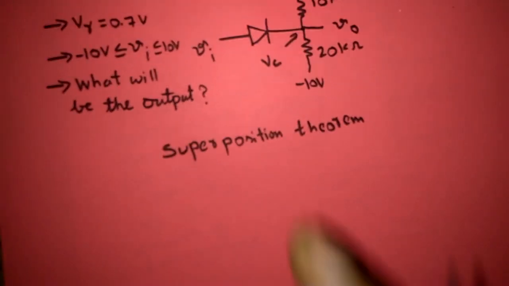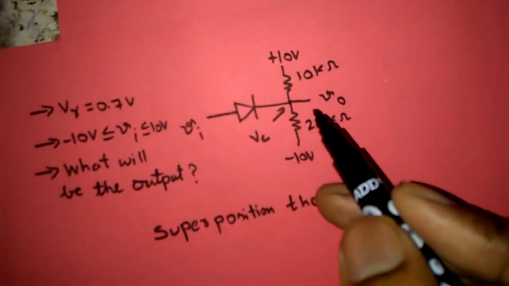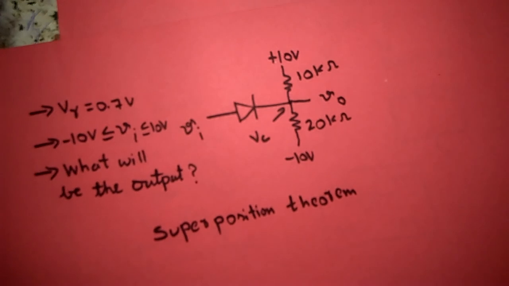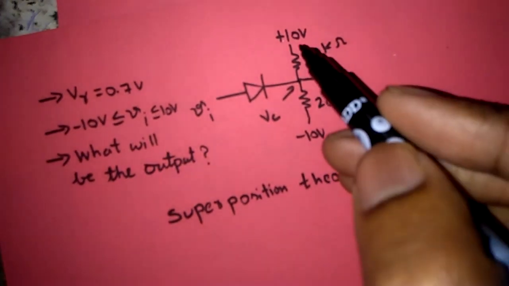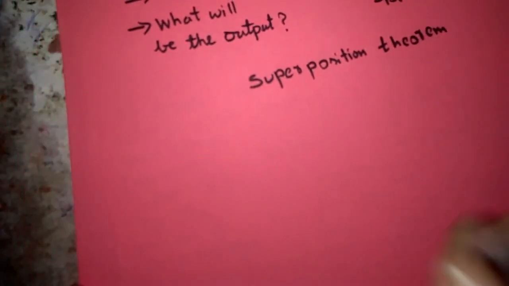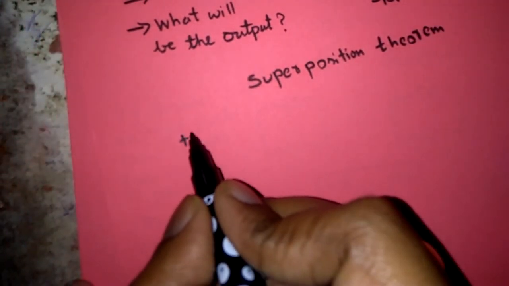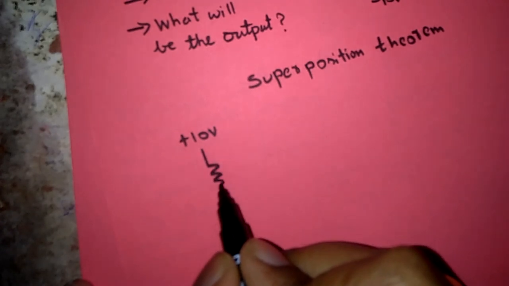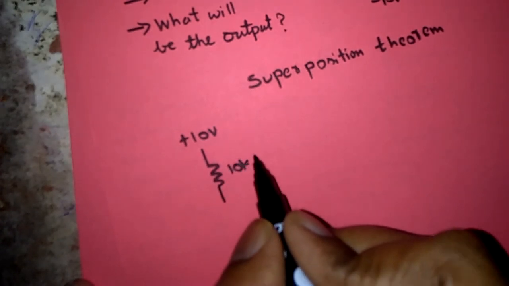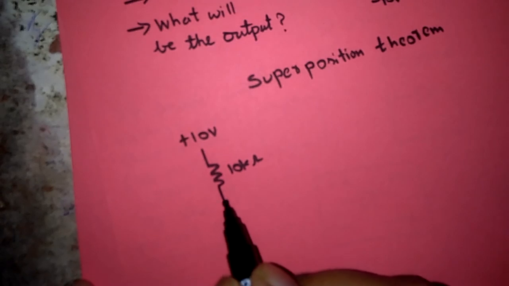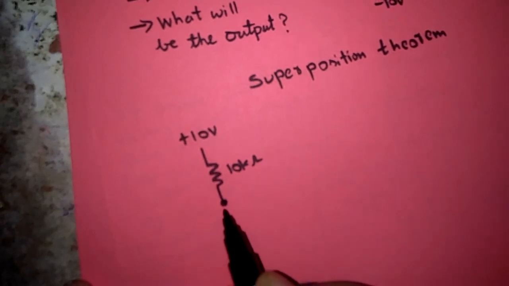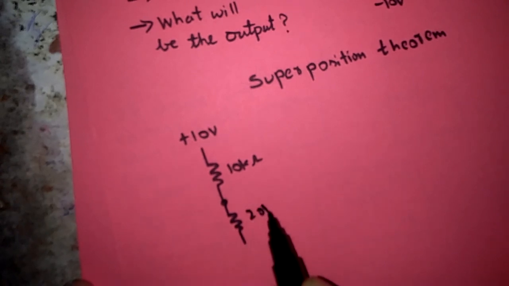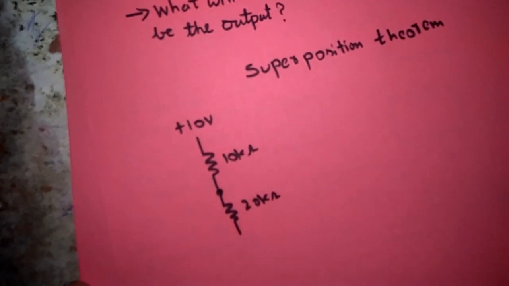Because it is a resistive network and we used more than one source, so we have to consider one by one. Suppose if I consider 10 volts, the resistive network will be like this: plus 10 volts, after that one resistor and its value is 10 kilo ohm, next the point at which I want to measure the voltage, and after that another resistor and its value is 20 kilo ohm, next minus 10 volts.